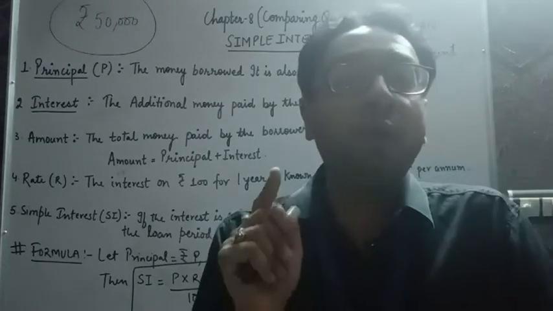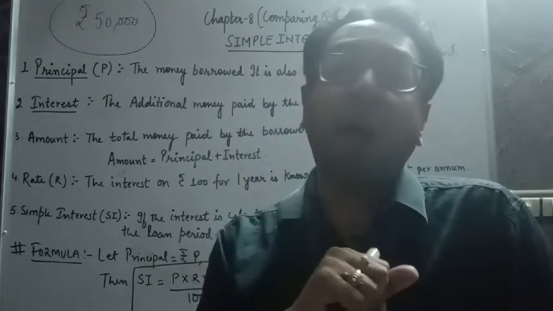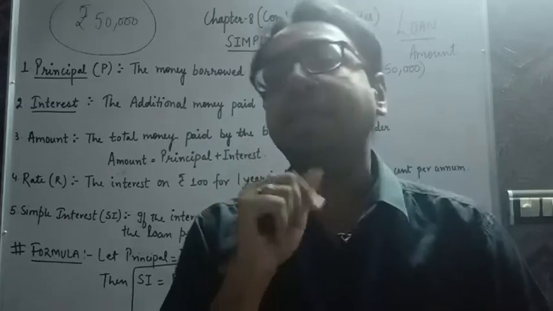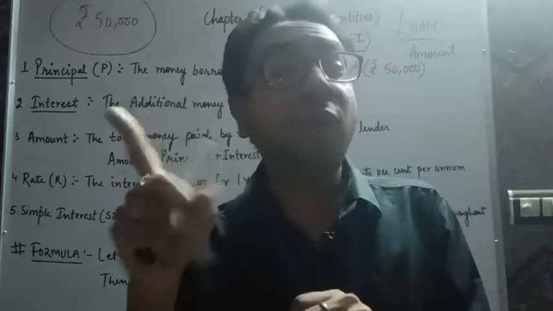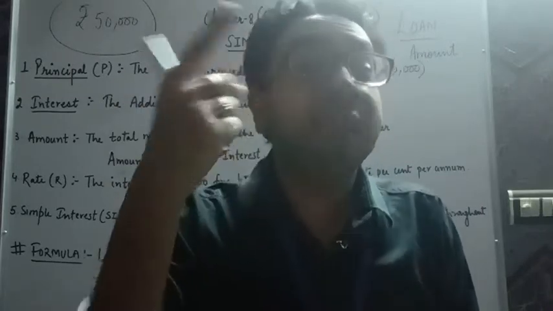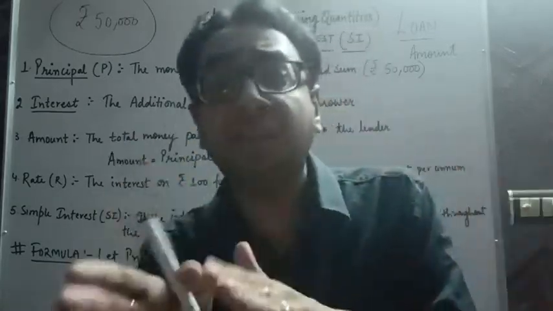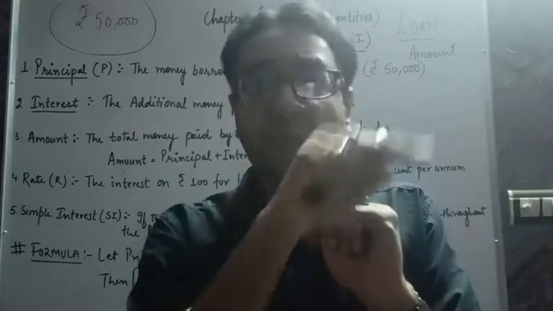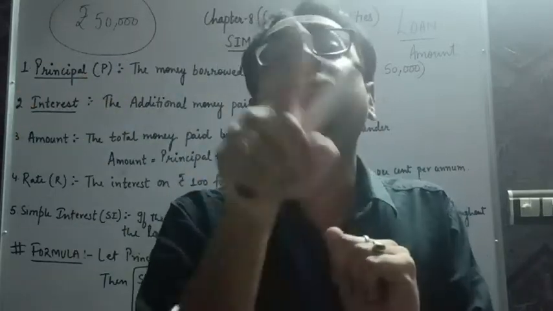For example, you borrowed 50,000, but the bank asks you to return 60,000 rupees after 1 month. Now 60,000 means 10,000 extra. 50,000 plus 10,000 is 60,000.